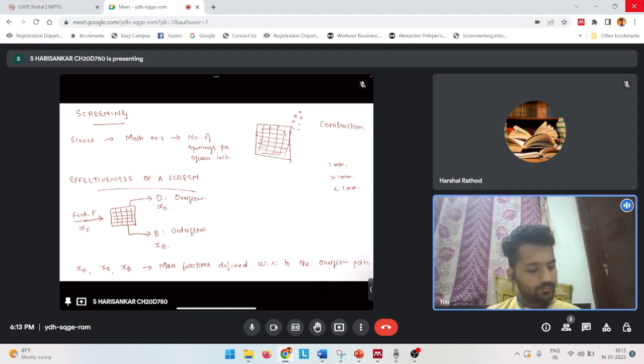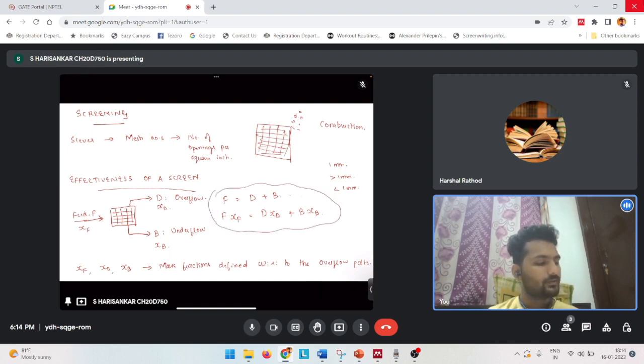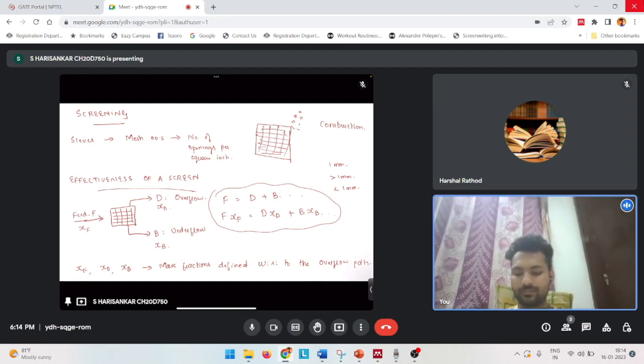So for this, we can start writing all these basic mass balances. Feed is equal to the overflow plus underflow, F = D + B, and the component balance F into XF is equal to D into XD plus B into XB. You can write these two mass balance equations, and from these we can find the effectiveness of a screen.